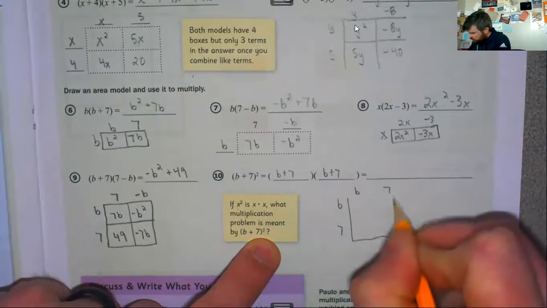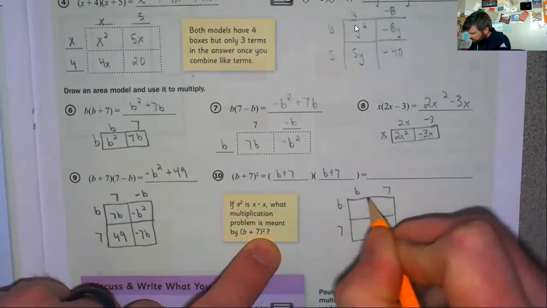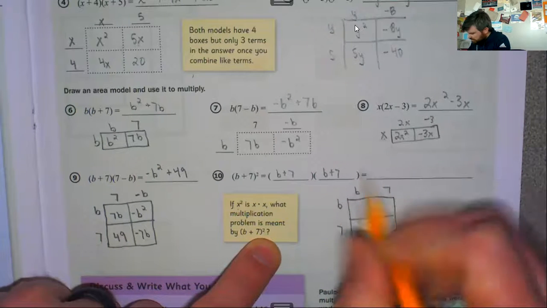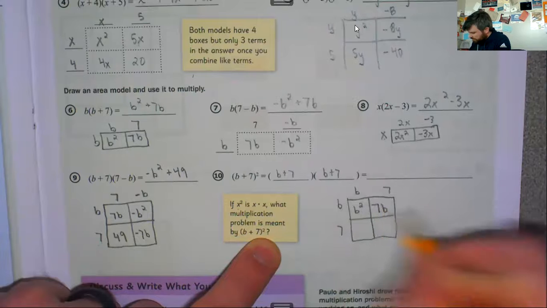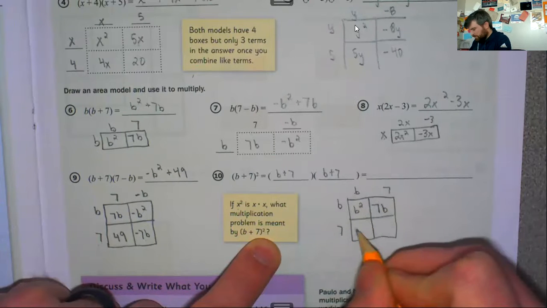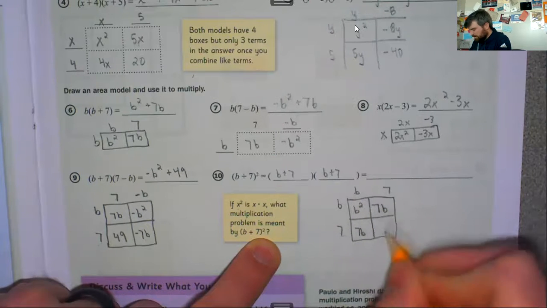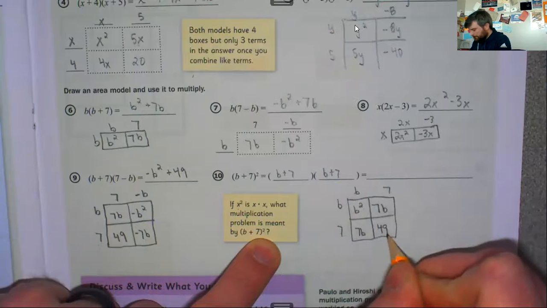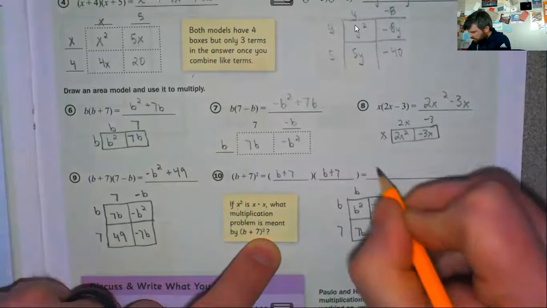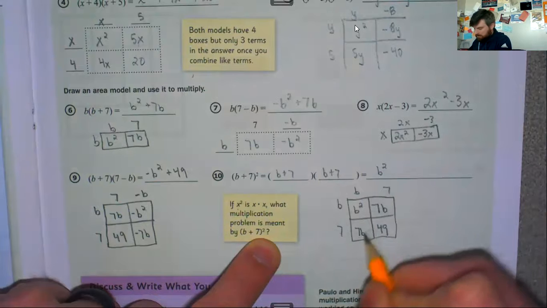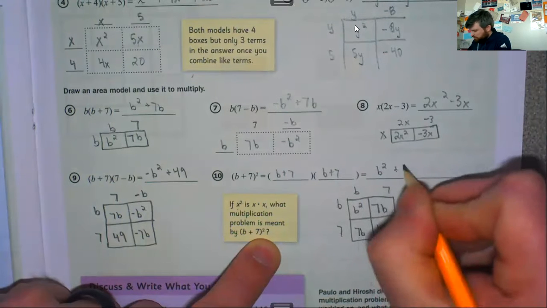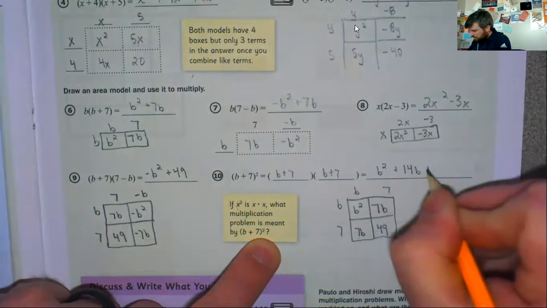Get your multiplication block set up. So b times b is b squared. B times 7 is 7b. B times 7 is 7b. And 7 times 7 is 49. So here we have b squared. We have 7b and 7b, so we can combine those. Those are like terms. So plus 14b plus 49.